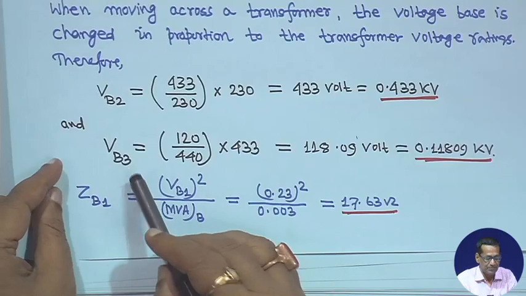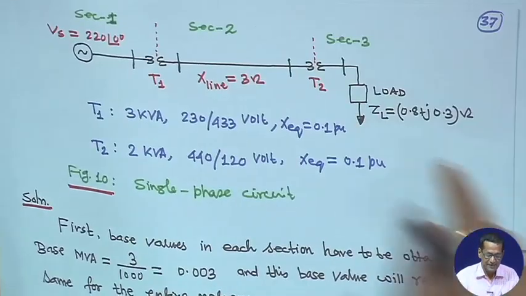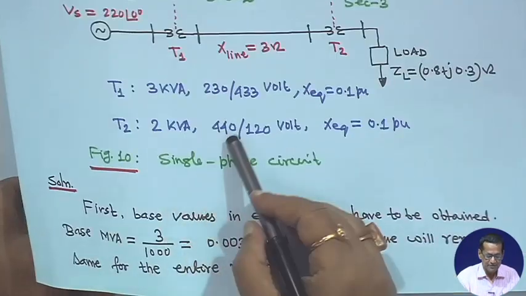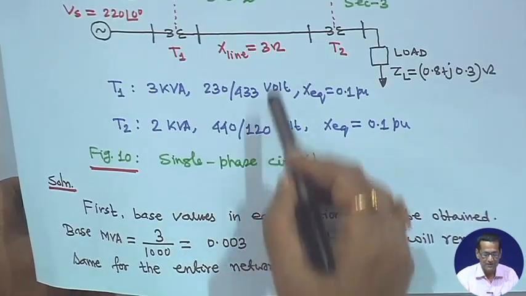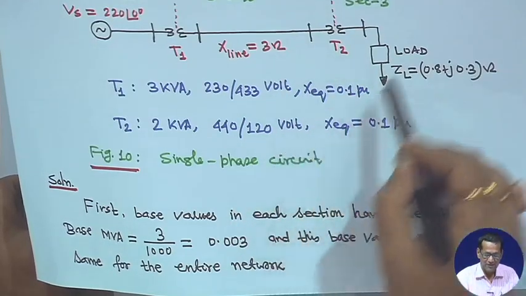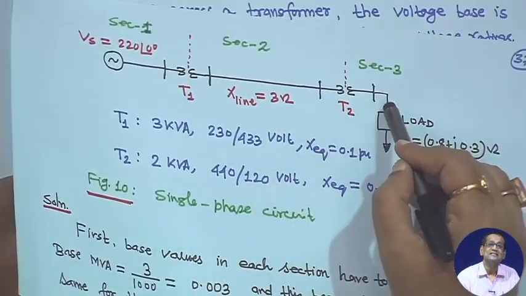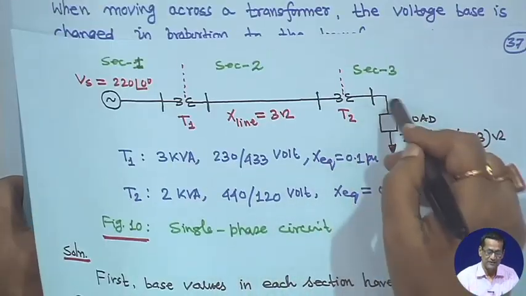Similarly, for the base voltage for section 3, this side, the transformer is actually 440 upon 120, but this line's base voltage is 433. So, accordingly you have to find the base voltage for section 3.